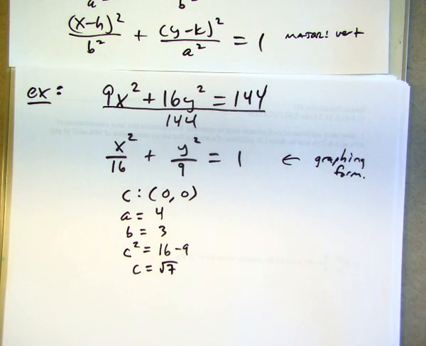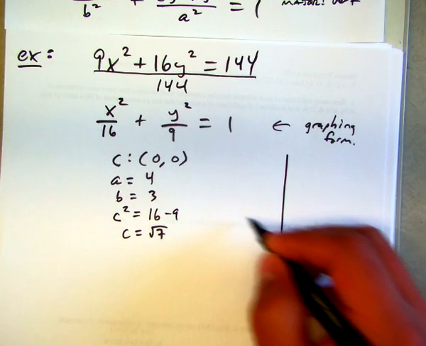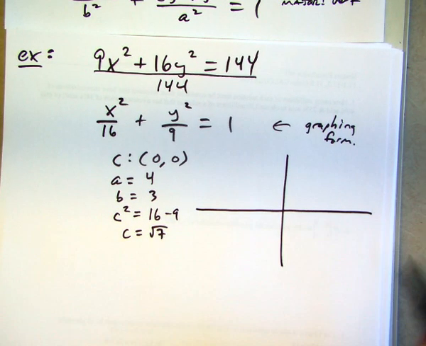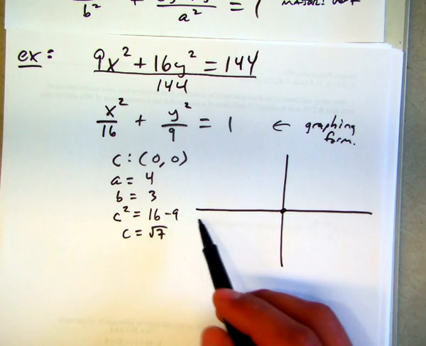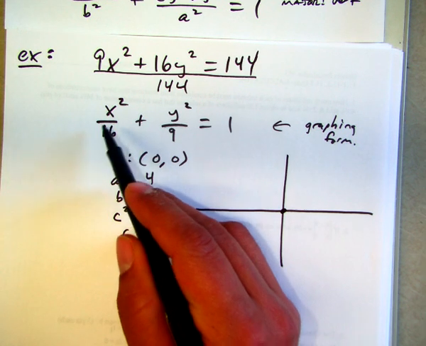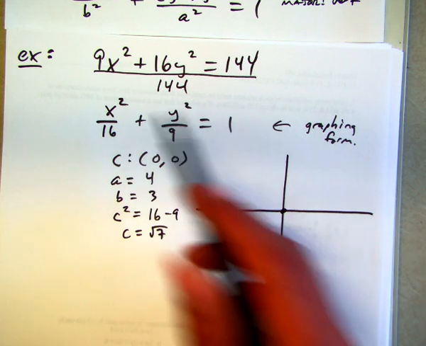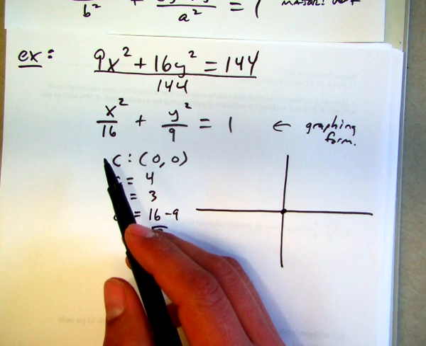Okay, so let's draw a picture. The center is at 0, 0. And now, this is why this form is so nice. This 16 tells you how far to go in the horizontal or x direction. What was a? 4.